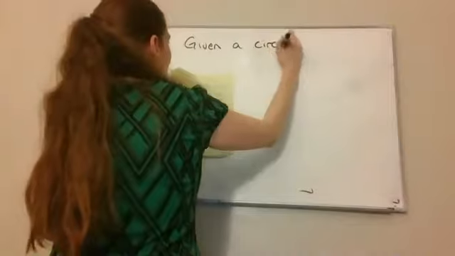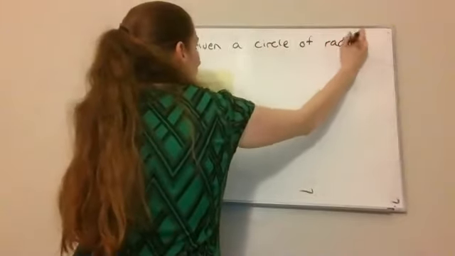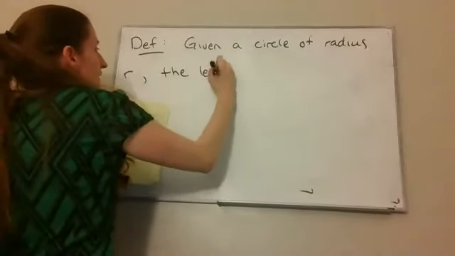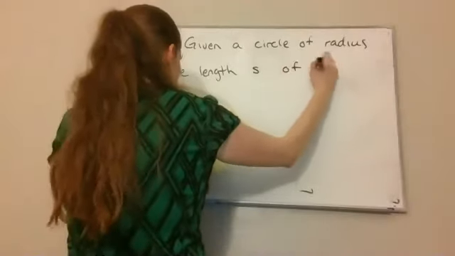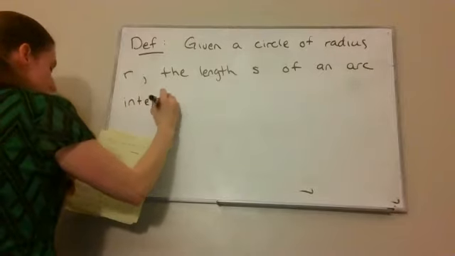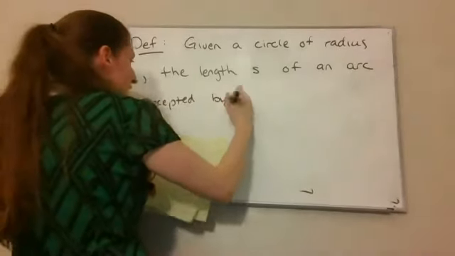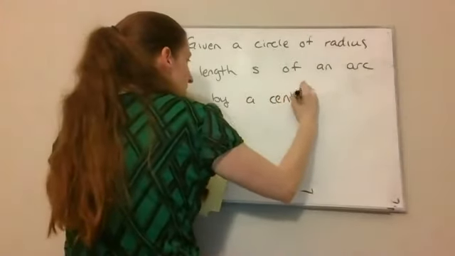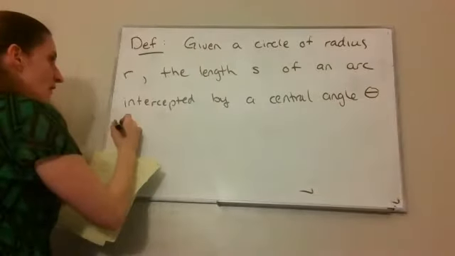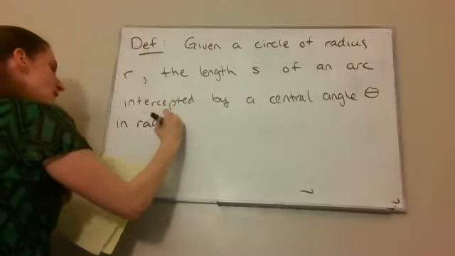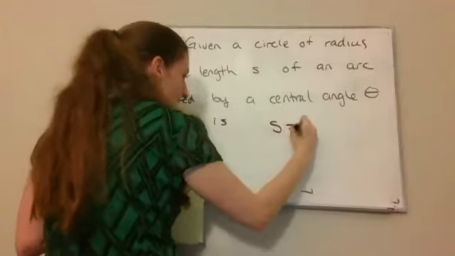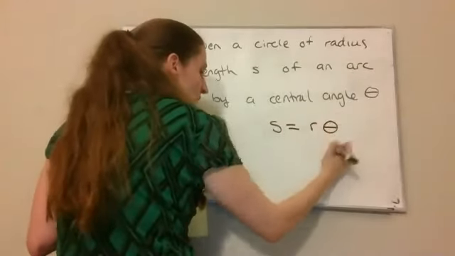So given a circle of radius r, the length s of an arc intersected by a central angle theta in radians is given by the formula S equals R times theta.